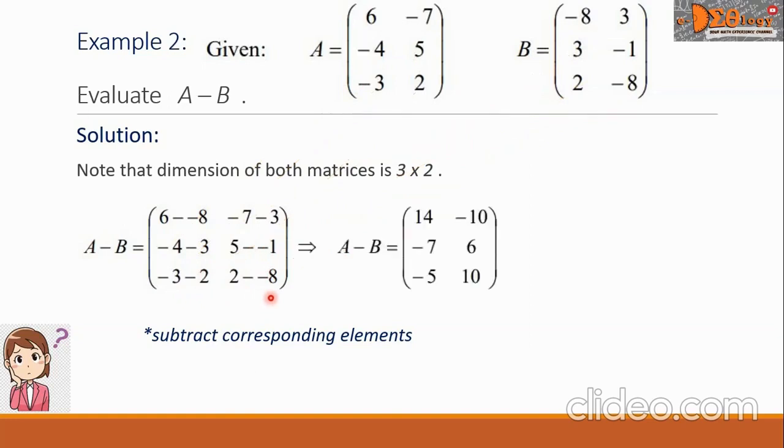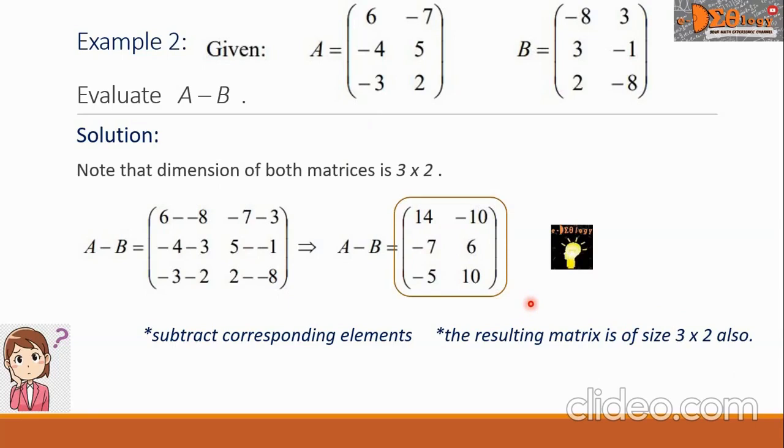So the difference A minus B will have 14, -10, -7, 6, -5, 10. We note that the resulting matrix is of size 3 by 2 also. This is the final answer.